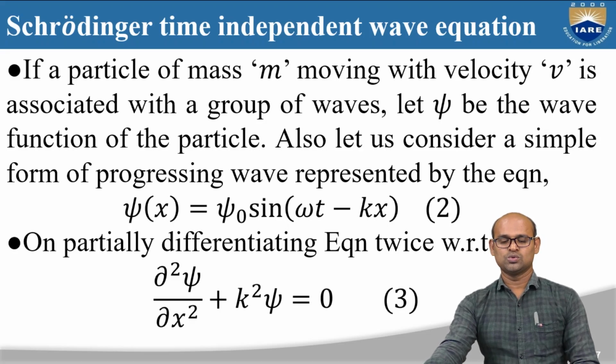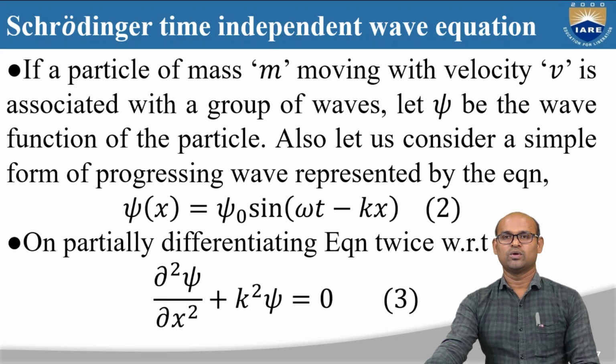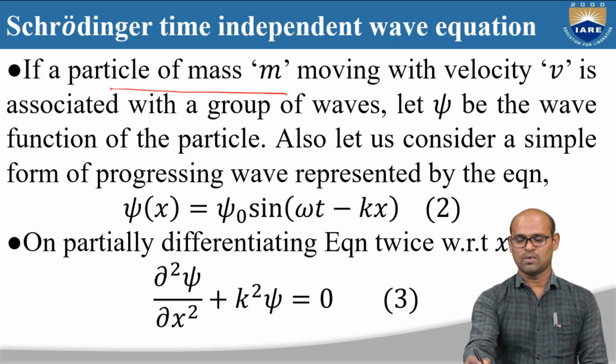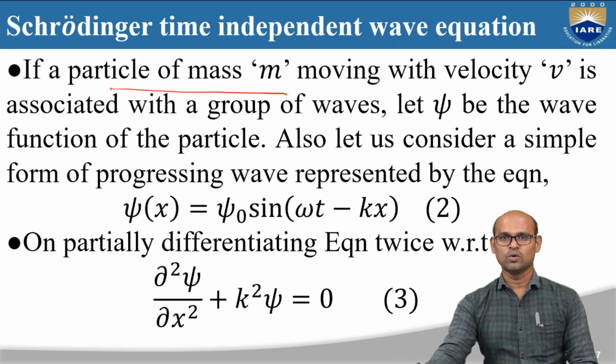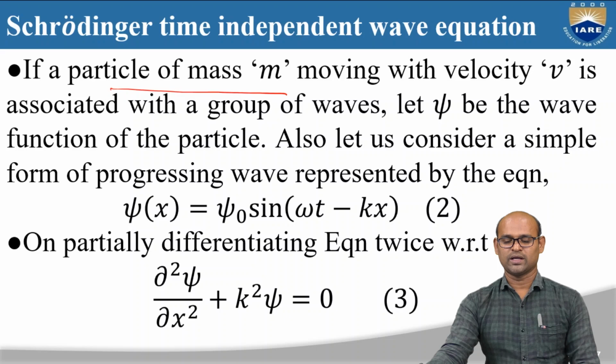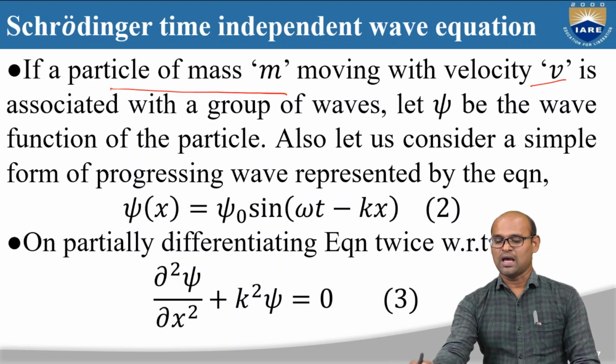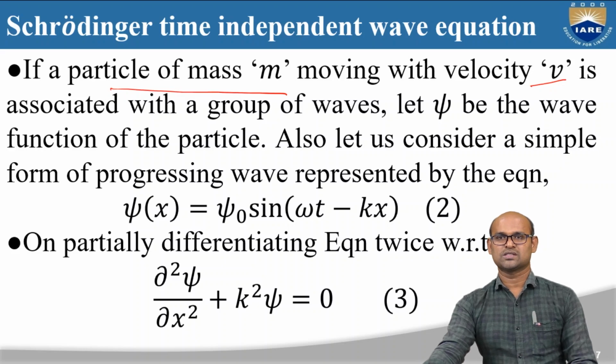Okay, so to solve this Schrodinger time independent wave equation, we first consider a particle of mass m. This microparticle has mass m and is moving with some velocity v. We have discussed the de Broglie hypothesis that each particle also has wave nature, and we said that these are matter waves.